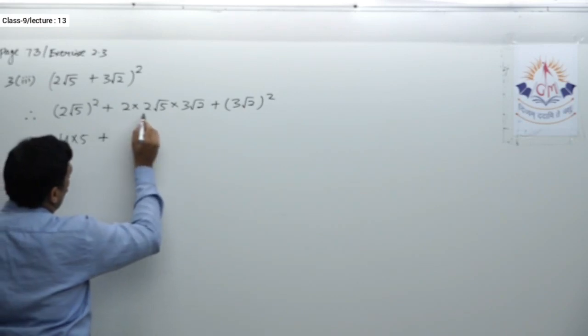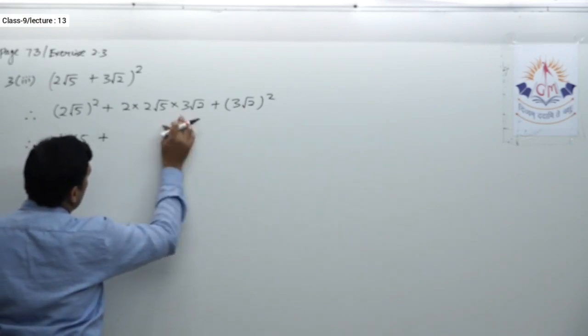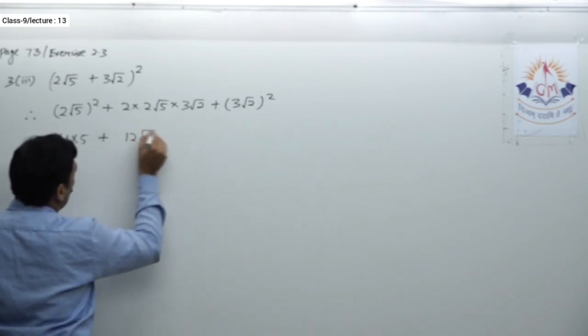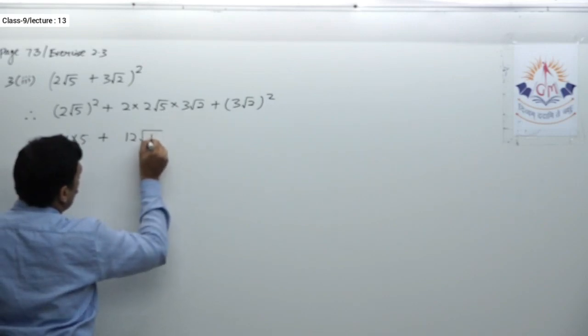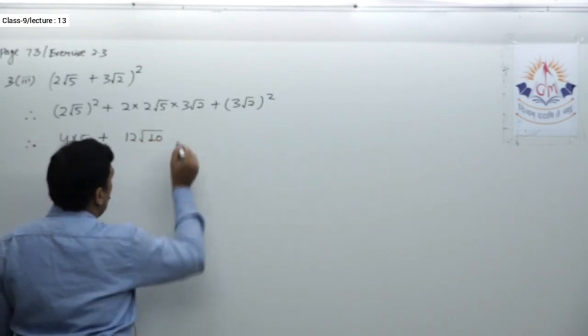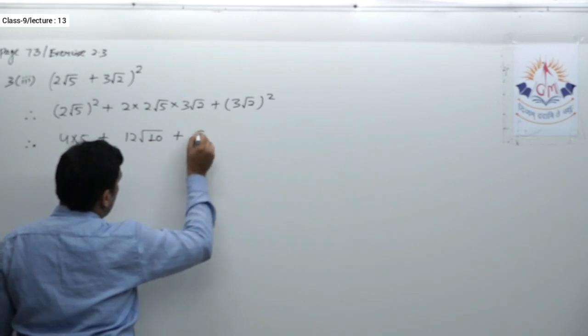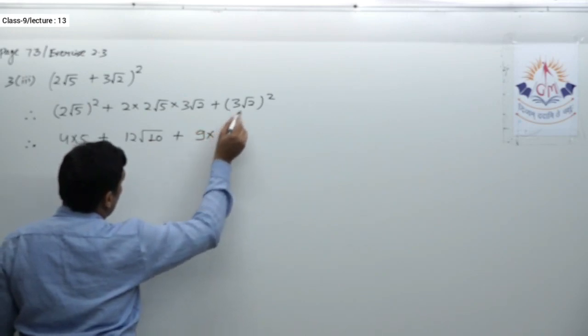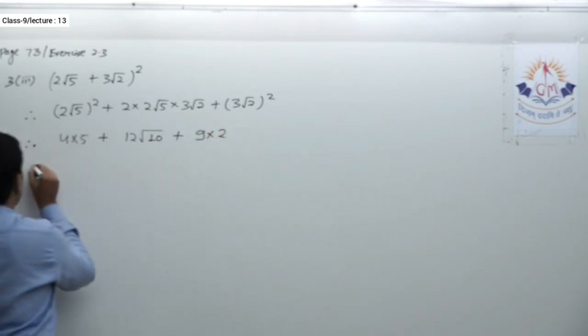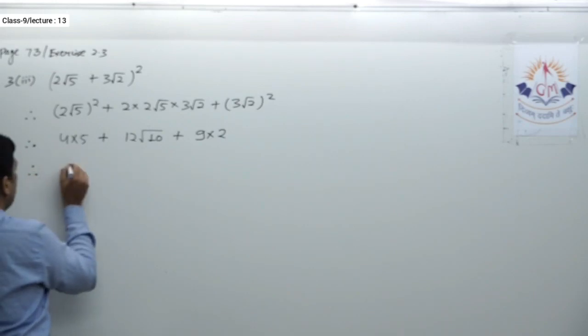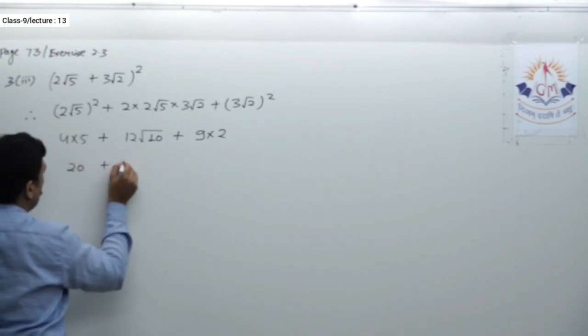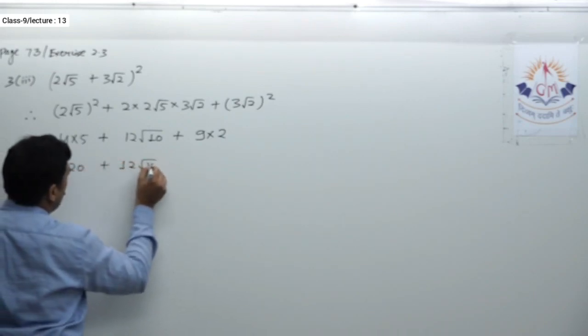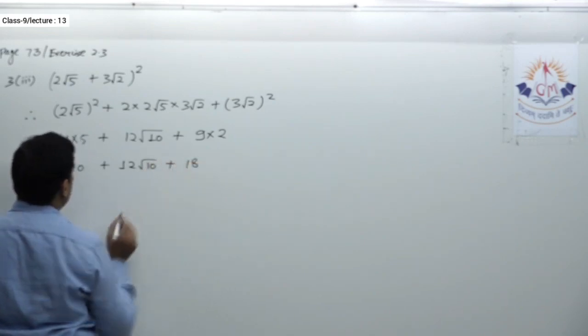Now here 2 into 3, 4 threes are 12, and root 5 into root 2 is root 10. Here 3 square is 9 and (root 2) square is 2. So here I'll get 20 plus 12 root 10 plus 18.